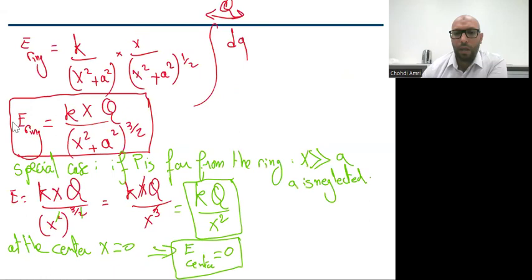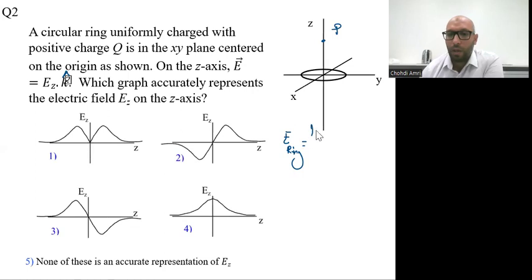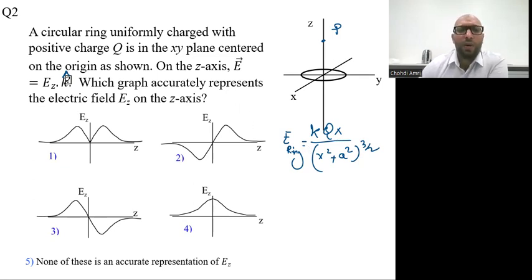For the ring it is this expression: kqx over (x squared plus a squared) to the power 3 over 2. Now, our point is along z, so instead of x, we will write only z. That's all.